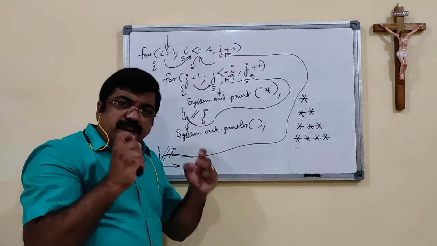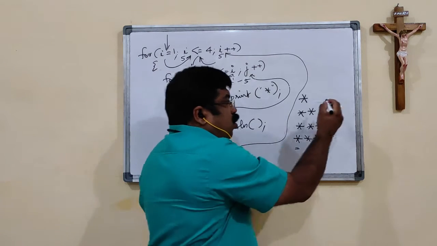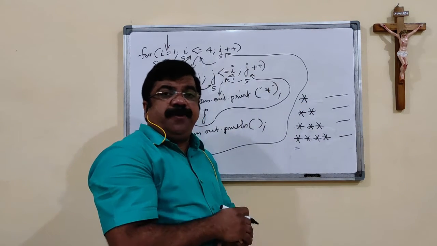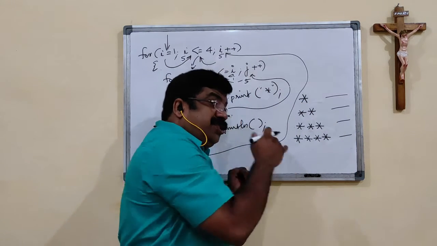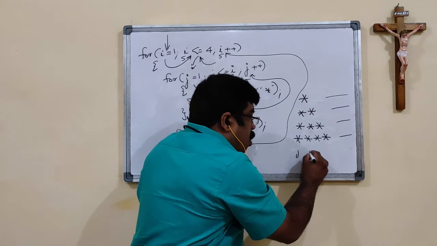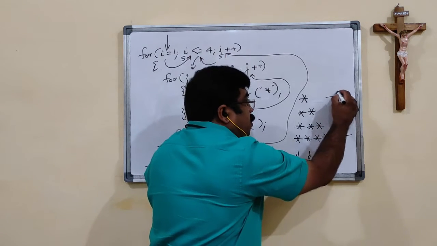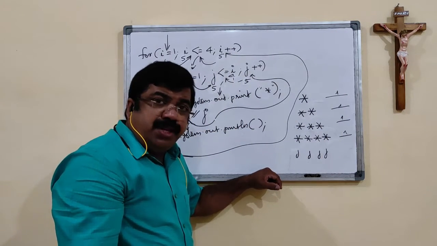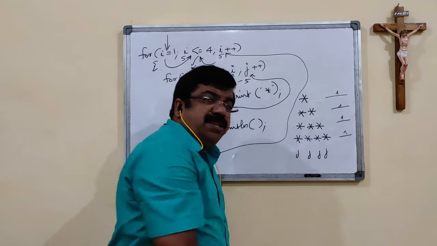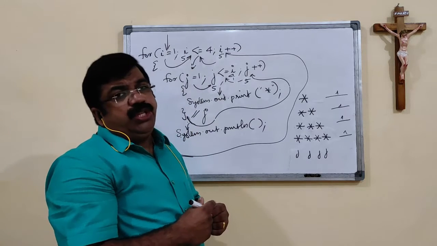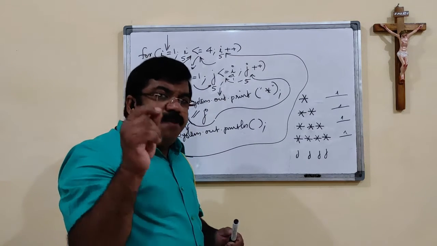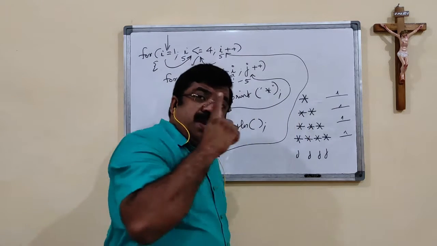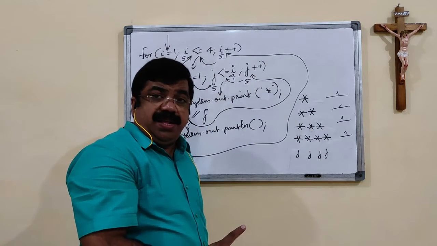That means we used I to go line by line in this logic, and we used J to go column by column. I is used to go to the lines, and to go to the right we used J. When I was 1, the J loop printed 1 star.